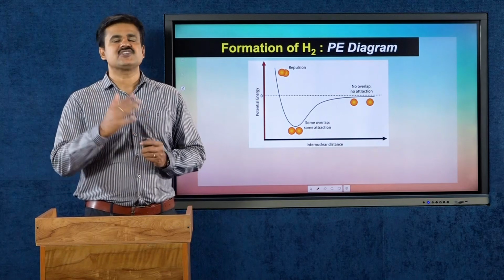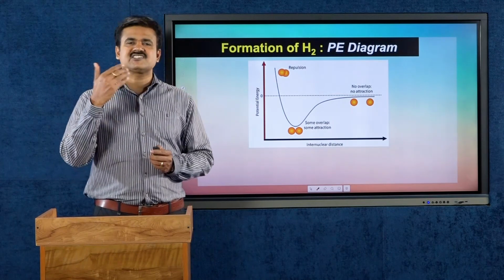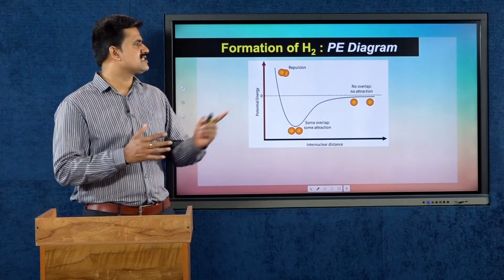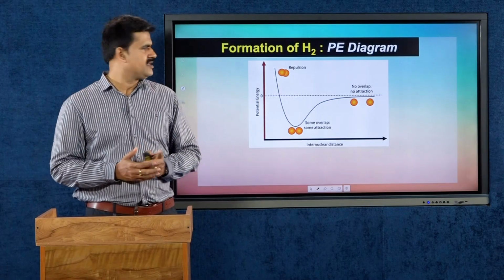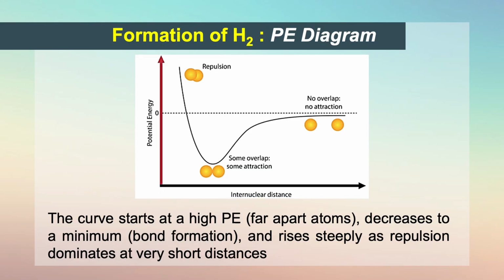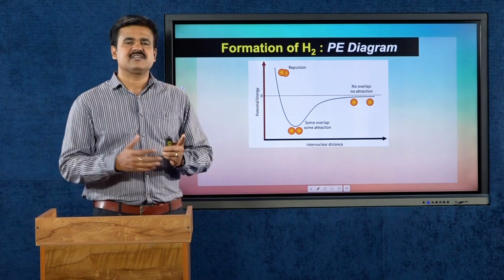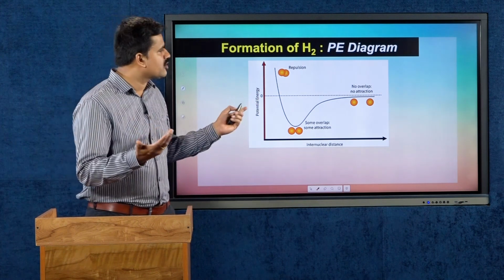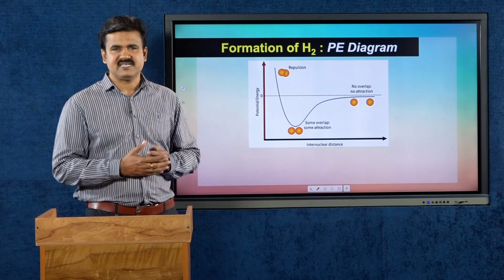This formation of the hydrogen molecule and the potential energy can be represented by using a potential energy diagram. Here the y-axis represents the potential energy and the x-axis represents the internuclear distance. As I mentioned, when the two atoms are at infinite distance, there occurs no interaction or no overlap between them.